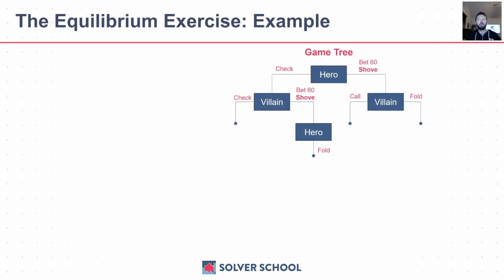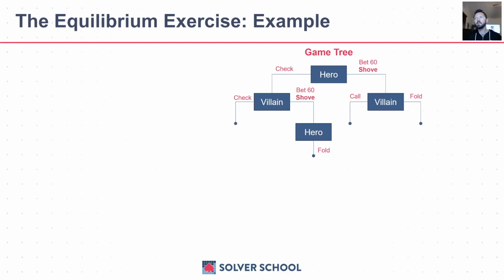Let's consider this game tree that we have here. It's a somewhat simplified game tree. We're on a river spot, and within this river spot, the hero can either shove for 60 big blinds or check. If the hero shoves, the villain can either call or fold.